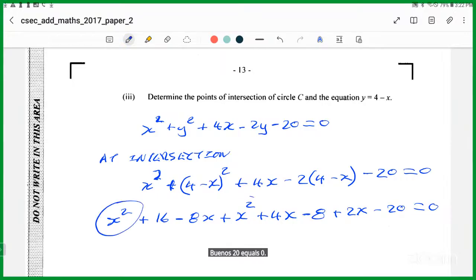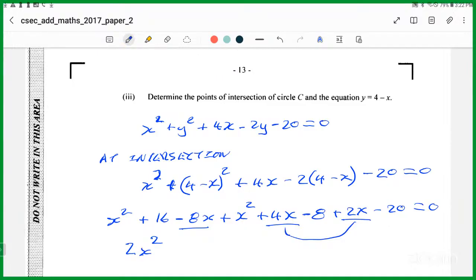X squared and x squared, that's 2x squared. X terms now, that's this, and that. So that's 4x minus 2x plus 2x, that's 4x... the x terms combine. The numbers now, that's this, and that.